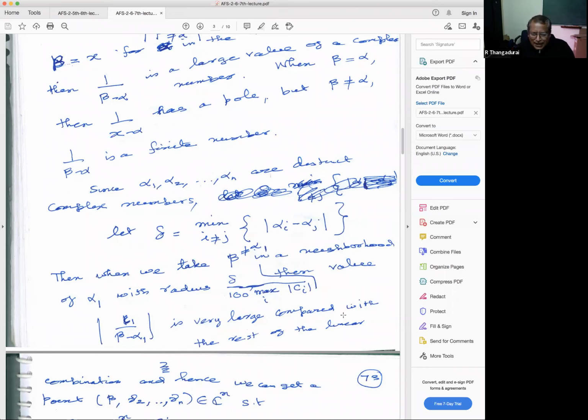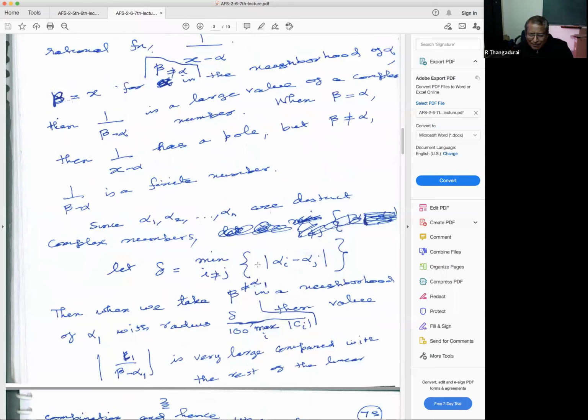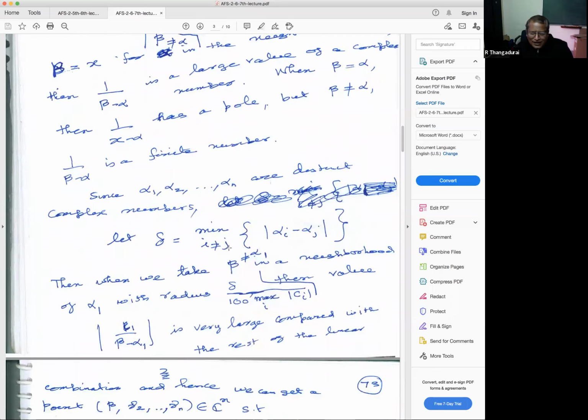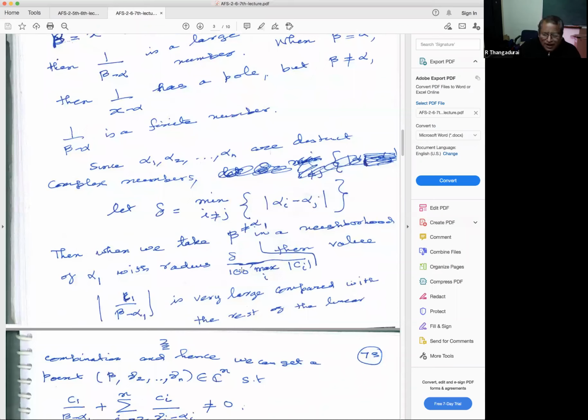When we take beta not equal to alpha in a neighborhood of alpha 1, because I know that C1 is non-zero, that is the reason I am taking it, with radius delta by 100 times the max of the modulus of the C's. When we choose it so small, the modulus of C1 by beta minus alpha 1 is going to be very large compared to the rest of the linear terms.